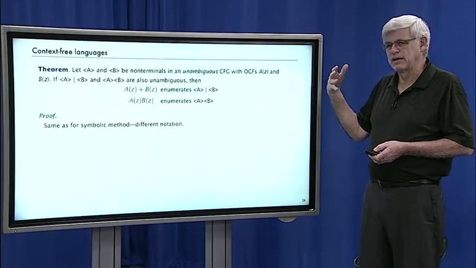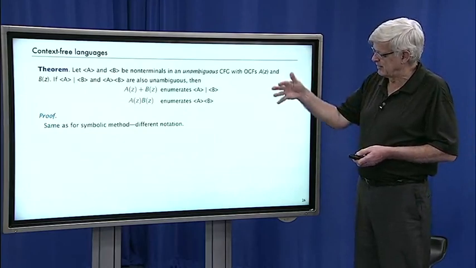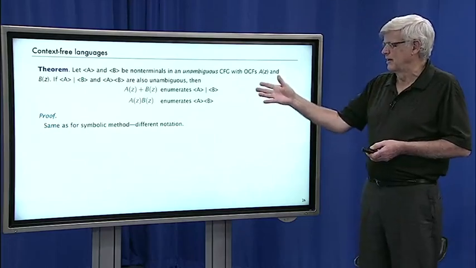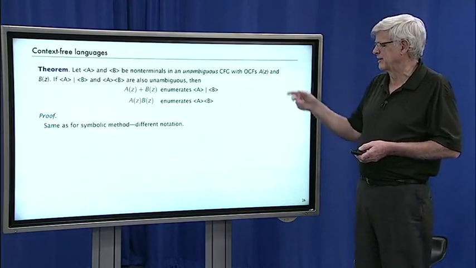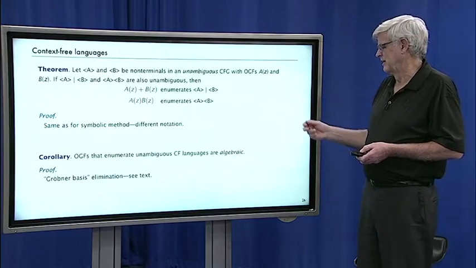Similarly, for context-free languages, where we have non-terminals and we use "or" and concatenation, again, the same idea works as for the symbolic method. The key is to make sure that it's unambiguous.